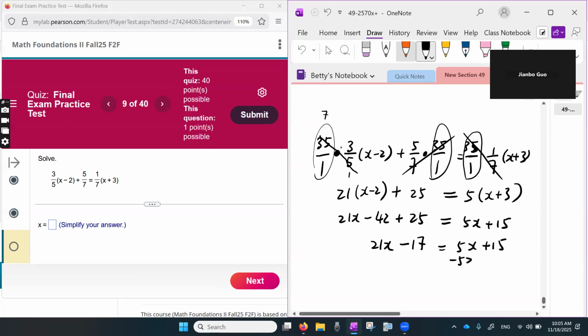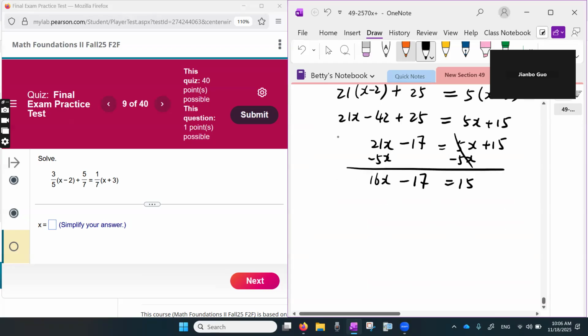Minus 5x, minus 5x. 21 minus 5 gives 16. 16x minus 17 equals 15, those cancel, right? And then we plus 17 to each side. Cancel, we have 16x equals 15 plus 17 gives 32. Divide each side by 16, x is 2.